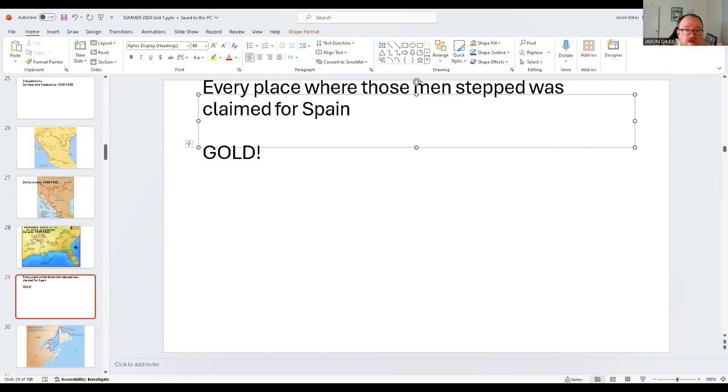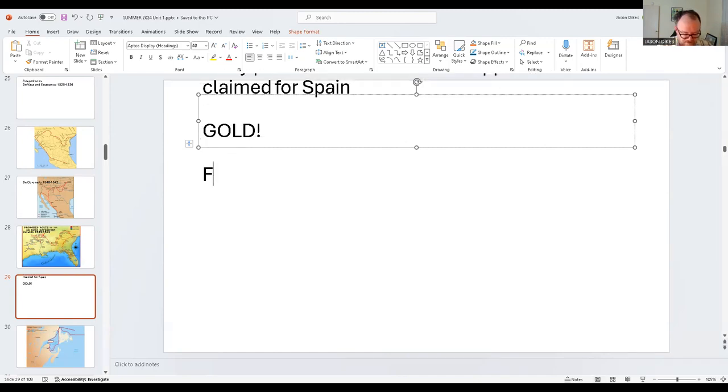Spain found tons of gold. Spain fought a war that lasted for almost 100 years with all the gold they found. So again, there's massive amounts of gold and silver that Spain found, and that led all the other European nations to suddenly start scrambling for a piece of the action themselves.